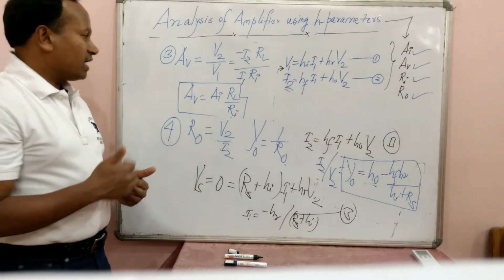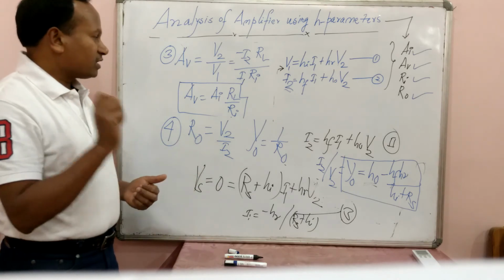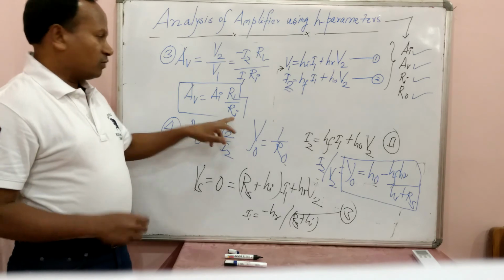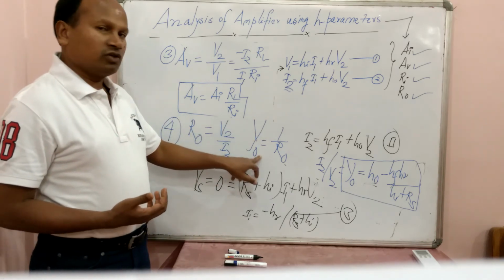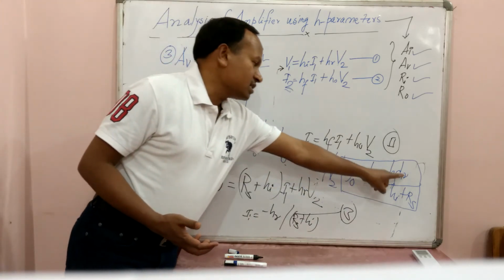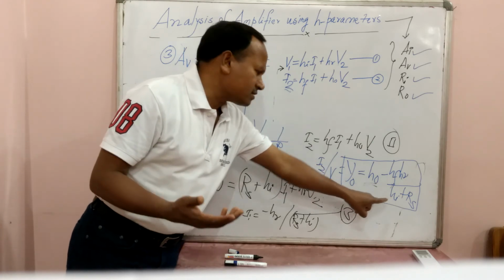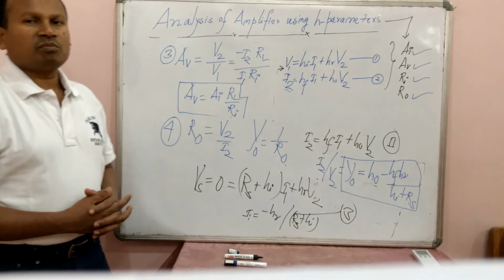RI is HI plus HR AI RL. Third one, AV: AI RL upon RI. What is the next? RO. How can we get RO? 1 upon YO, reciprocal of YO. How do we get YO? HO minus HF HR divided by HI plus RS. If you are interested in common collector, HOC minus HFC HRC divided by HIC plus RS.